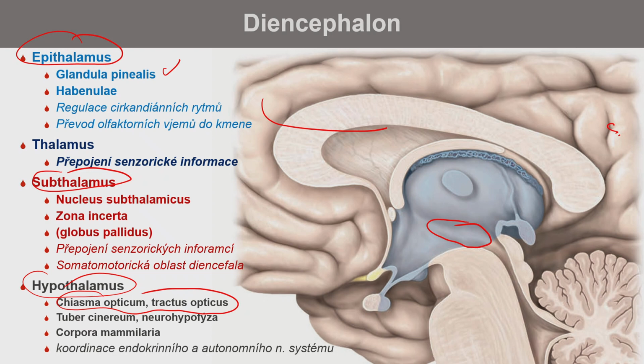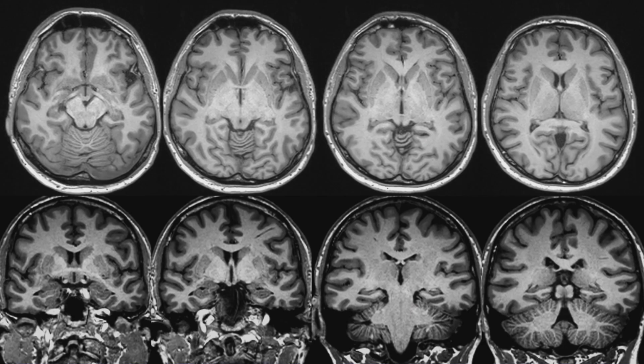And it contains important structures, nucleus subthalamicus, zona incerta, but in reality it contains structures which are traditionally counted into the part of the telencephalon, which is called globus pallidus. So very ancient structure of a gray matter inside the telencephalon, originally developing with subthalamic nuclei.